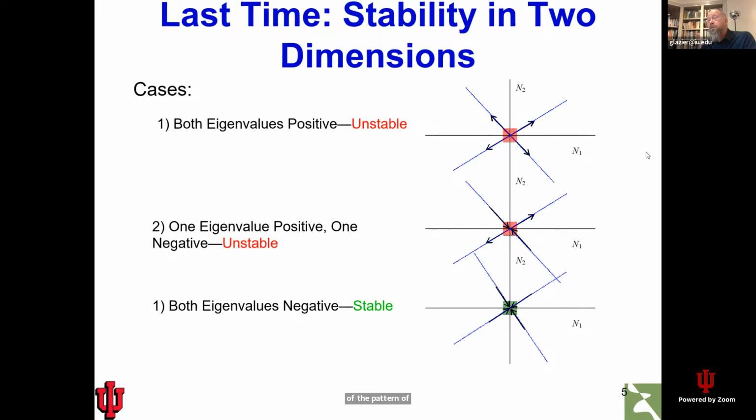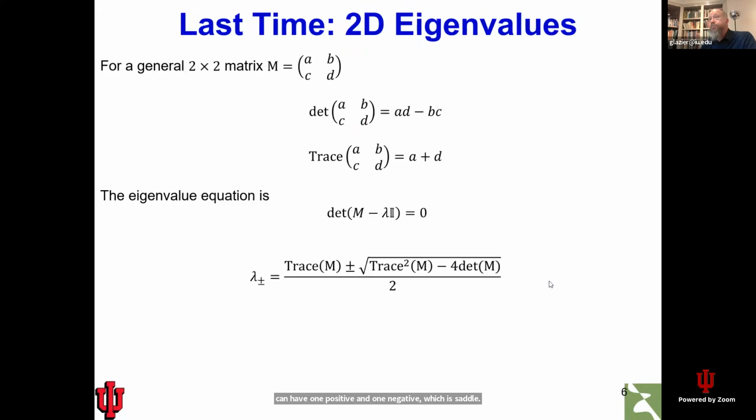So again, in 2 dimensions, you have a relatively simple classification. Again, you can have two positive eigenvalues. You can have one positive and one negative, which is a saddle, both negative, which is a stable fixed point. In 2D, you can evaluate the eigenvalues if it's non-degenerate.